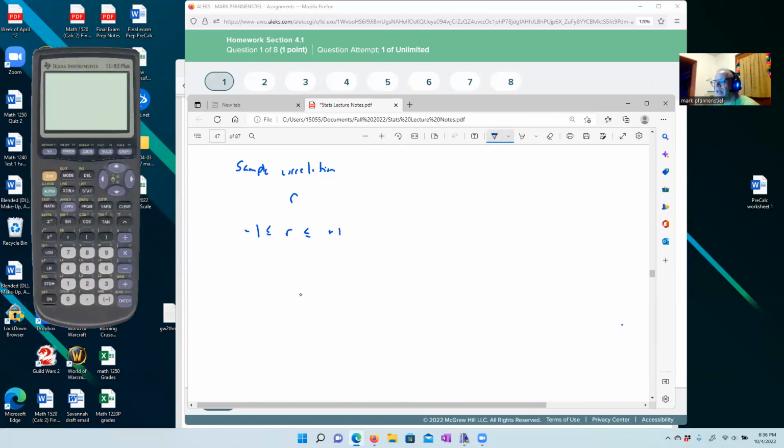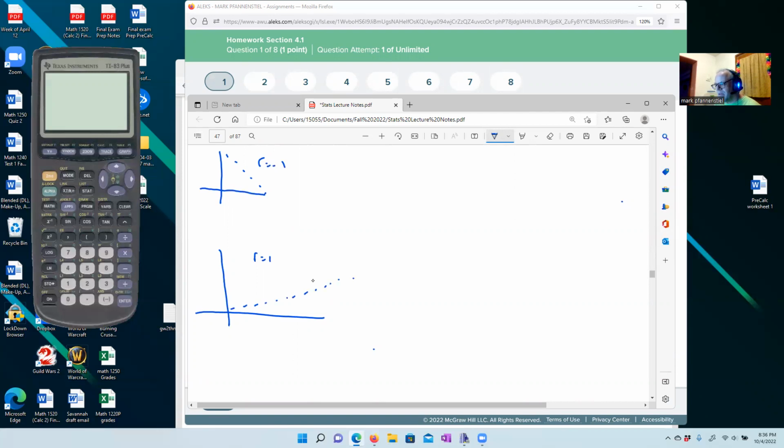If R is -1, then what you have is a perfectly correlated line with a negative slope. And if R is equal to +1, you'd have a perfectly correlated, perfect line like you'd find in an algebra book.